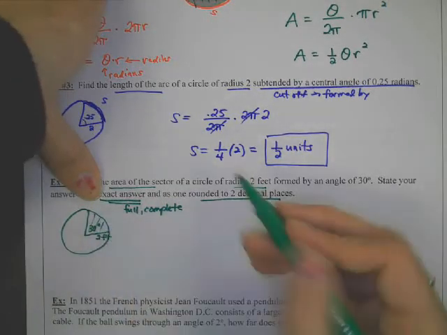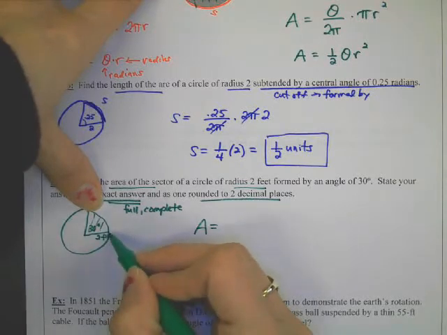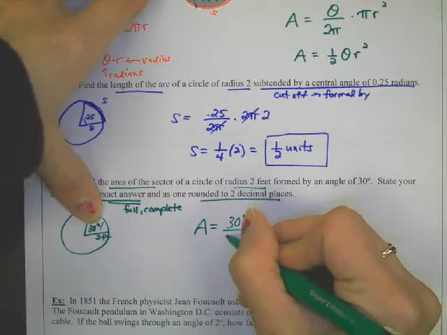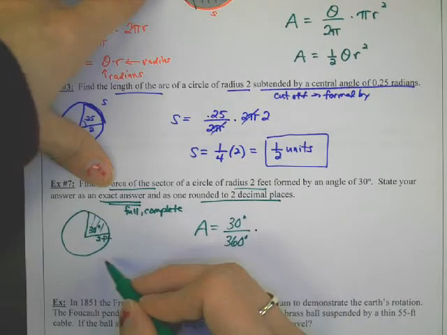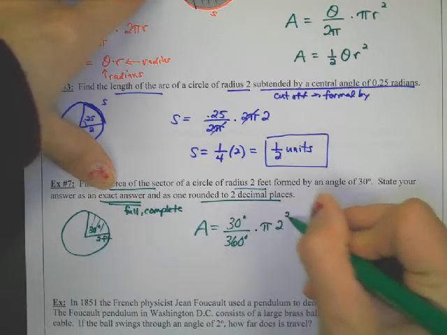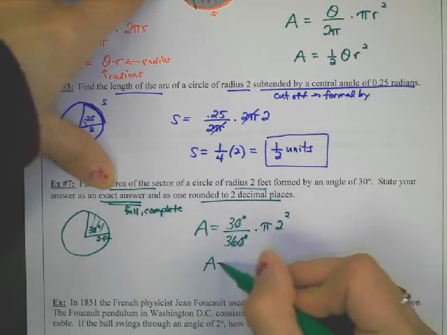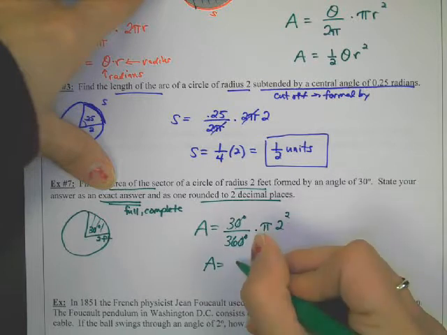Okay, the area of a sector. Area equals. This is a fraction. It's 30 degrees out of the full 360. It's a fraction of the entire area. Area of a circle is pi r squared. Okay, so we can cancel 0, 0. We can cancel 3 and 36 to make a 12, but there's a 4.